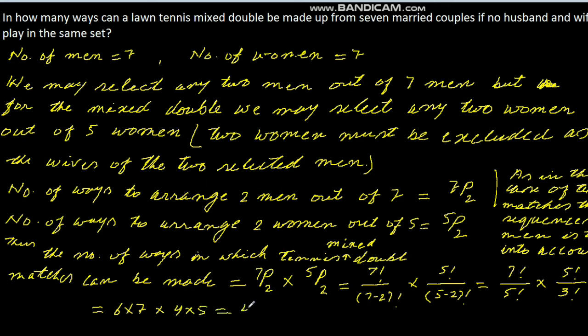So we have 6 7s are 42 into 4 5s are 20, which is equal to 840.